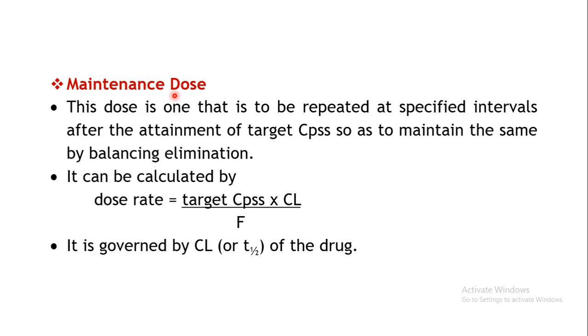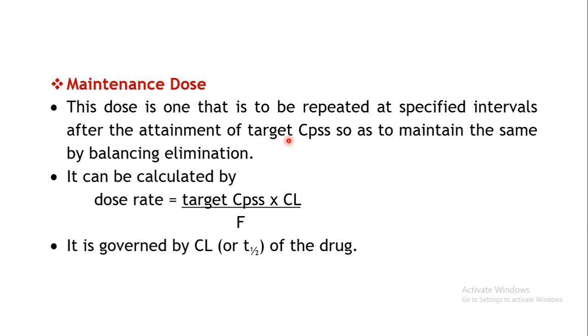Whereas the maintenance dose is the dose which is to be repeated at specified intervals after the attainment of the target CPSS. Once you have reached that CPSS, you know that you have reached the required plasma concentration. You need to maintain that plasma concentration within that range by balancing with the elimination.